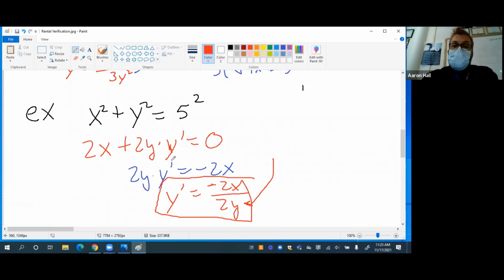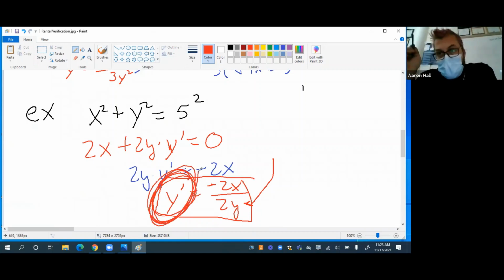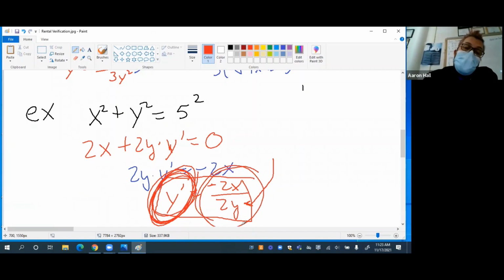Now why do we have an x and a y? What does the derivative of y mean? Let's not lose track. It means slope. Now it says here that I need to find a slope with respect to what? An x and a y.